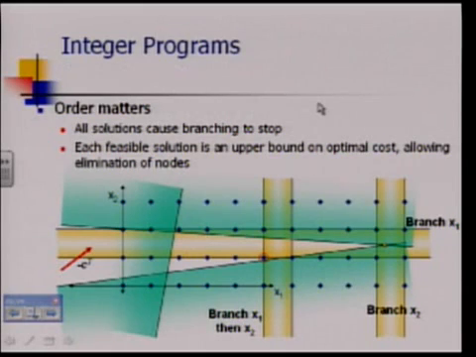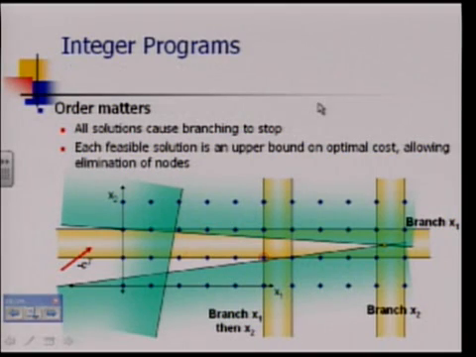And here, at least you have an indicator based on what? The relaxed linear optimization problem. Basically, for a linear program, you can always find the optimal solution. You know that's not achievable, but you can compare how close you are right now.